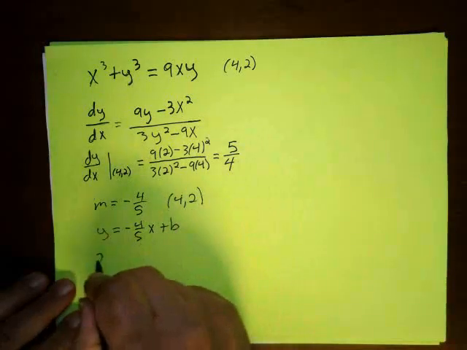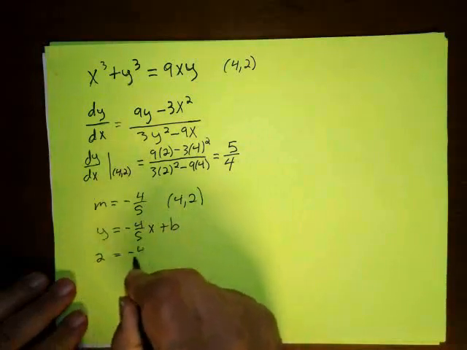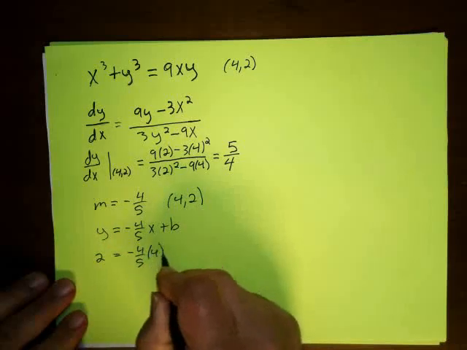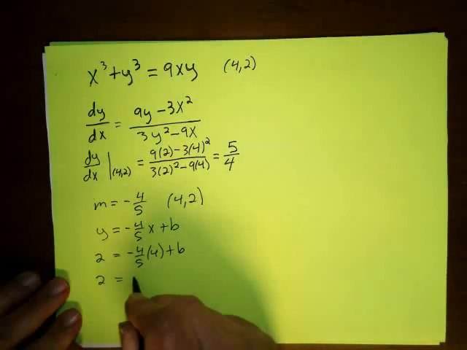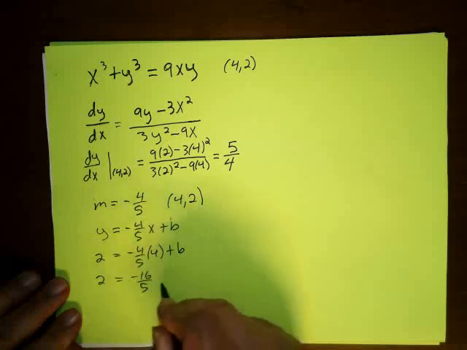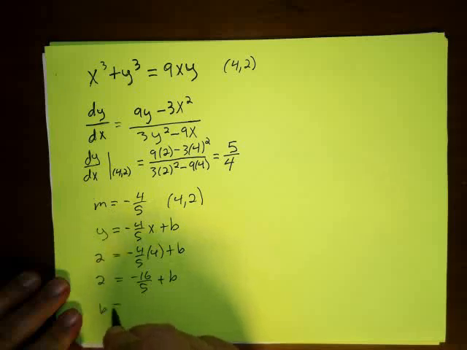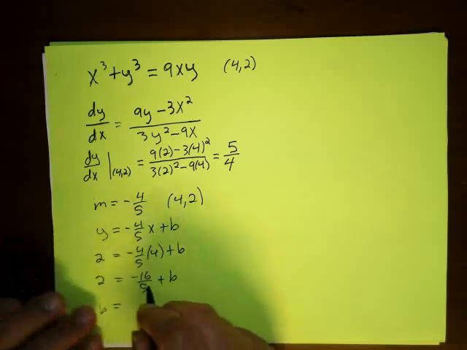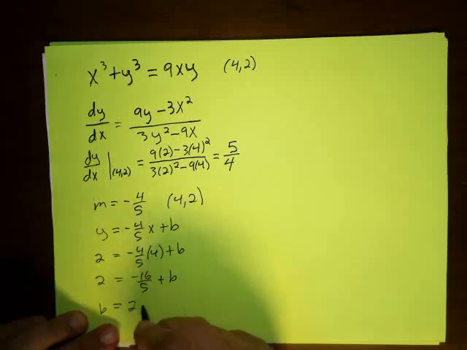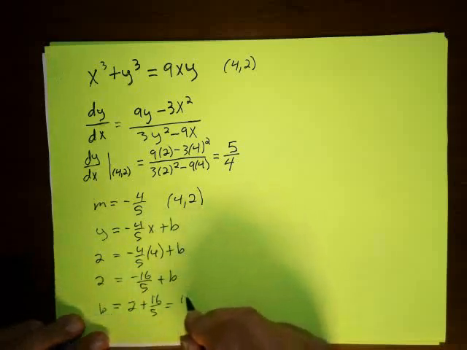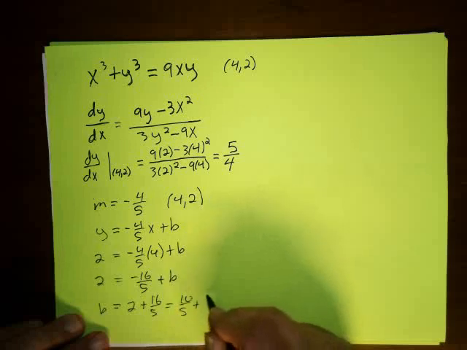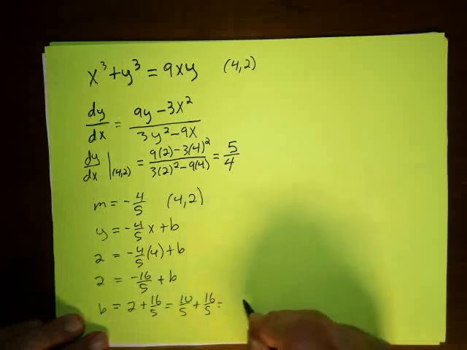So plug in 2 and 4: 2 is equal to -4/5 times 4 plus b. So this would be 2 is equal to -16/5 plus b. So b is equal to 2 plus 16/5, which is 10/5 plus 16/5, so 26/5.